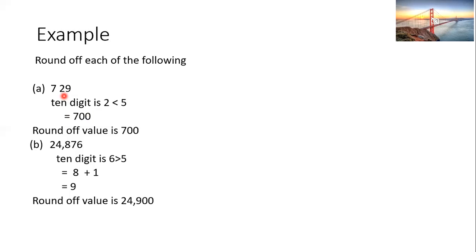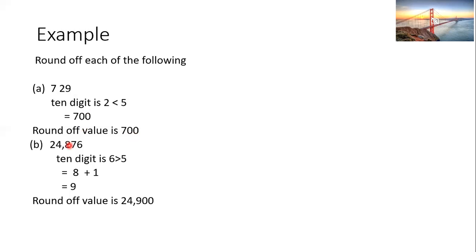What's the 10-digit place value? 2. 2 is greater than 5 or less than 5? Yes, less than 5. So we put the value 0 in tens place and 0 in ones place. So the rounded value is 700.